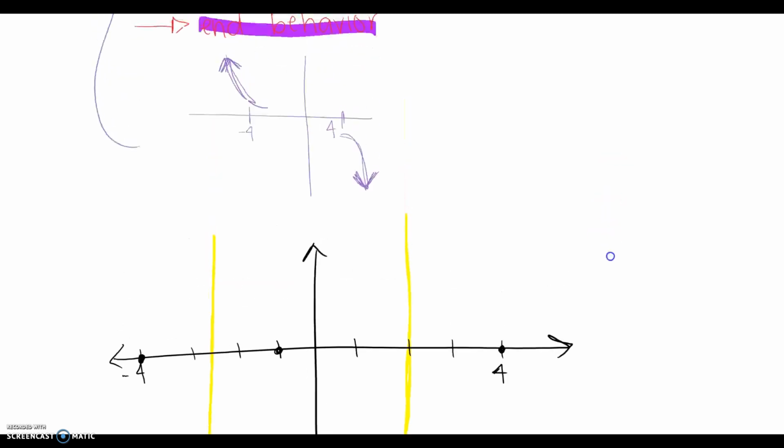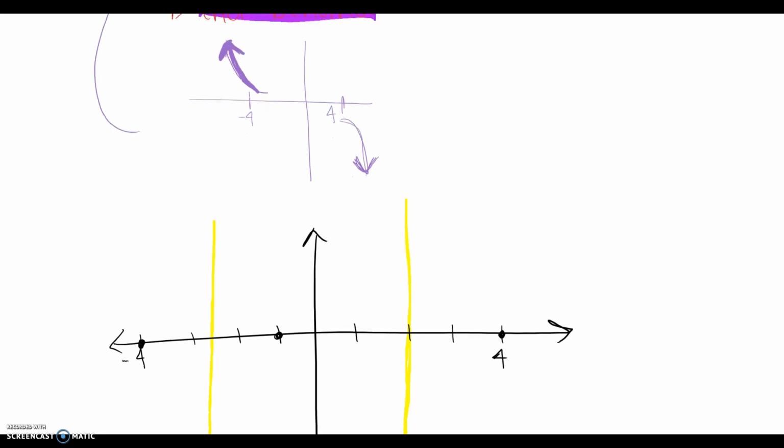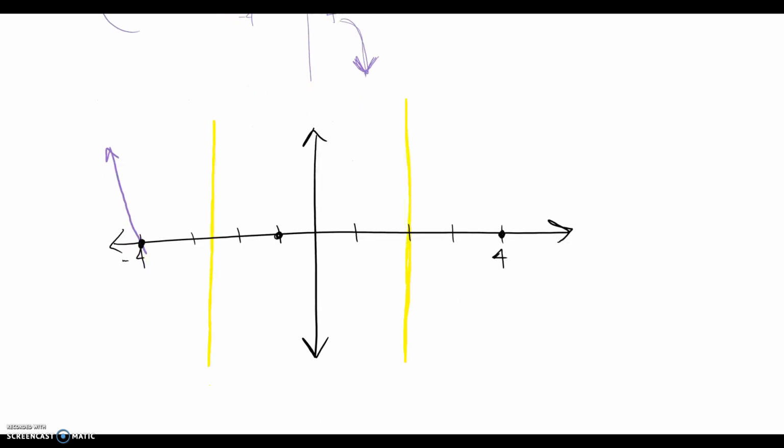So starting with the end behavior, because we know it's going to start by going up, well I guess decreasing, right? It's decreasing from negative infinity to negative 4. I said that wrong. It's positive from negative infinity to negative 4. My apologies.